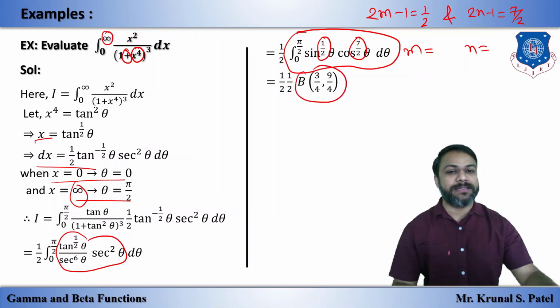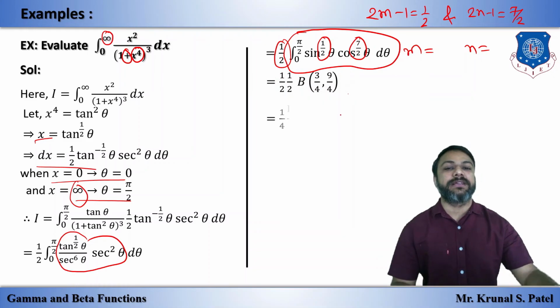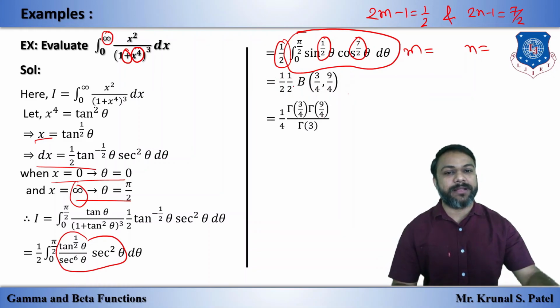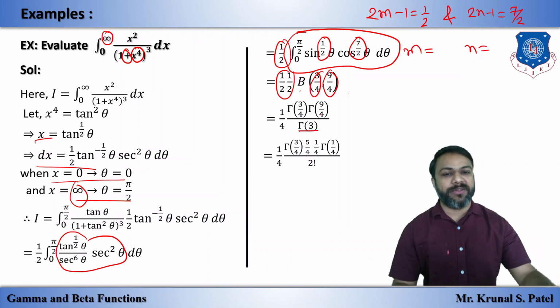So we have beta of this and 1 by 2, because this is the entire formula. This 1 by 2 stays as it is, and the integration of this is 1 by 2 of this. Then by using the relation between beta and gamma, this is 1 by 4 and gamma m gamma n upon gamma m plus n.